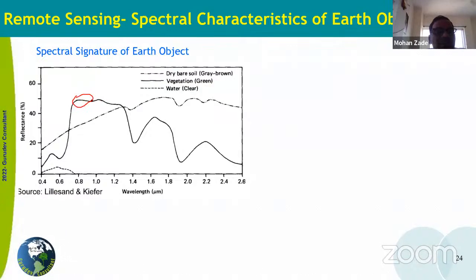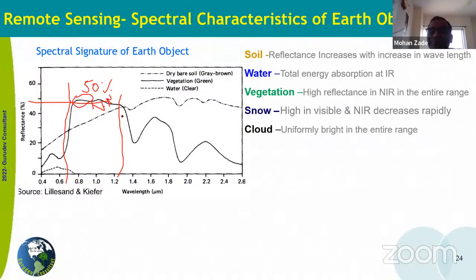This is for vegetation. If you see vegetation in the NIR band, 0.7 to 1.3 or something like that, about 50% reflectance is in NIR. High reflectance in NIR in the entire region.